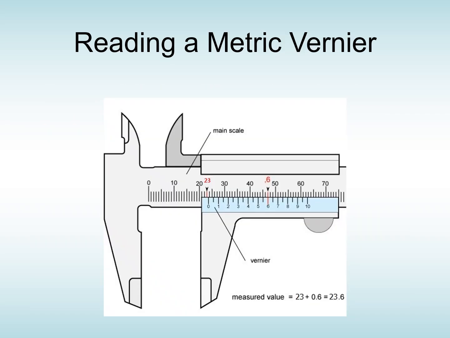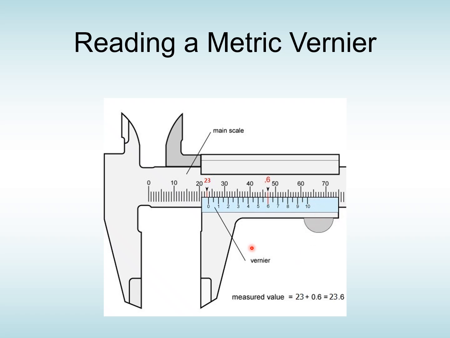Okay, so first of all, we want to measure the diameter of the bolt that we're looking for, or the thread that we're looking for. You can do that with metric vernier, imperial vernier, whatever you like. It's split up into different parts. You've got the main scale, which runs along here, and you've got the vernier, which goes along here.